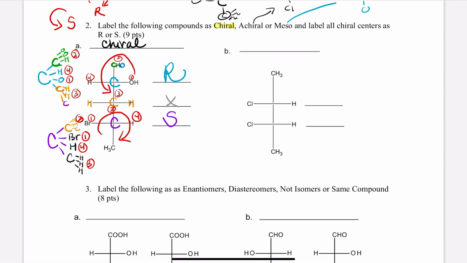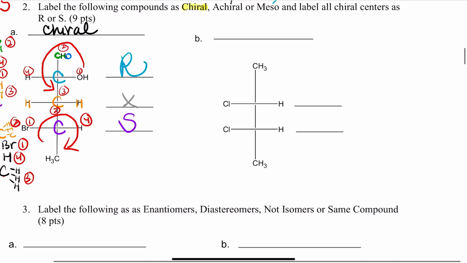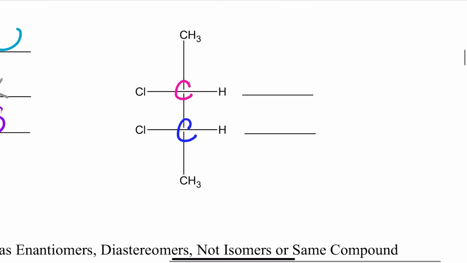All right, so then the second one, what do we see? We see that we have a carbon here, and a carbon here, like always. What is this carbon attached to? That carbon is attached to a carbon, a chlorine, a hydrogen, and another carbon, which is actually this one down here, right?